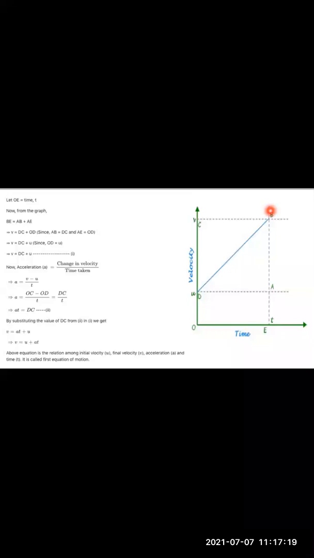So we say AB and CD are parallel to each other. I can say this and this are parallel. So instead of AB, I can write CD. Instead of AB, I can write CD in the place of AB.